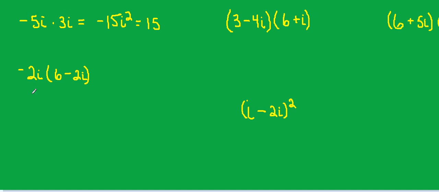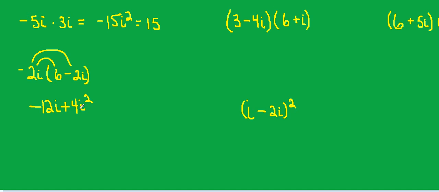The one down at the bottom here is distributive property, so I've got negative 2i times 6, which is negative 12i. Then I have negative 2 times negative 2, which is positive 4. And i times i is i squared. i squared is negative 1.